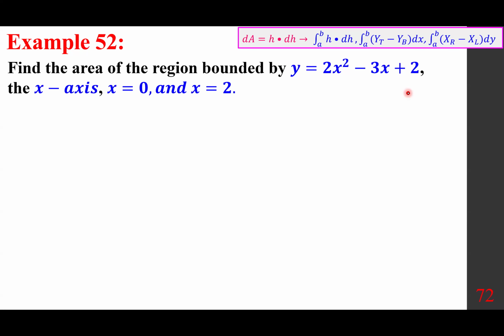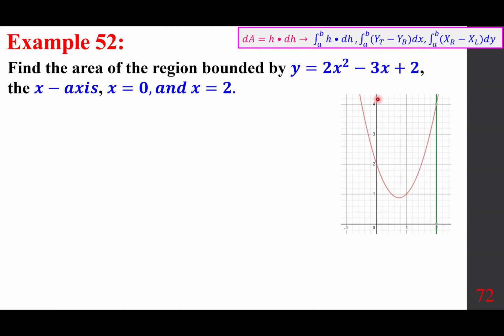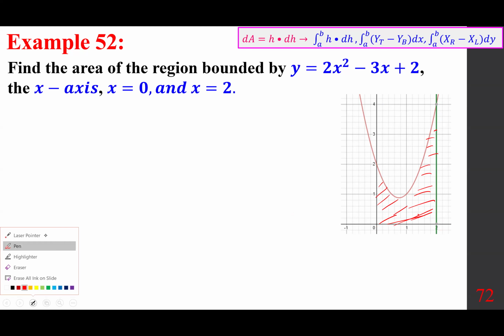You plug in that x-coordinate to find the vertex, and you can see that this opens up, and so on. So this is the graph, and from x equals 0 to x equals 2 means we want this. That's the area we want.